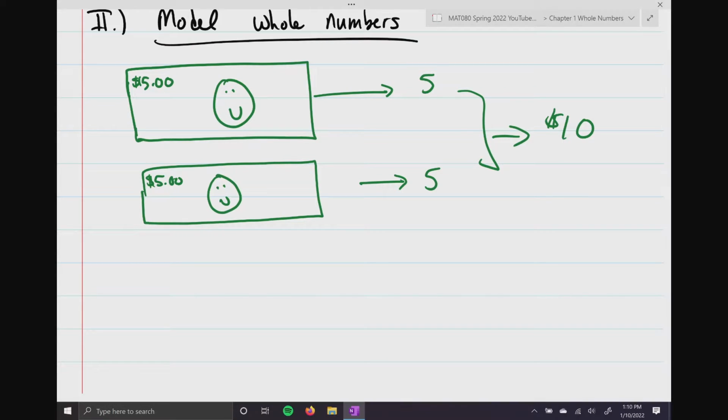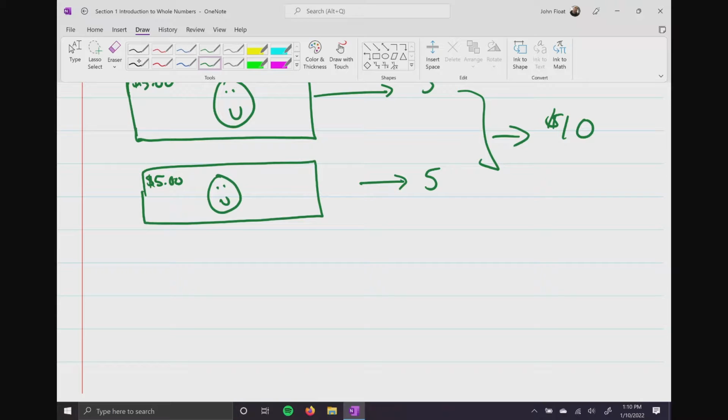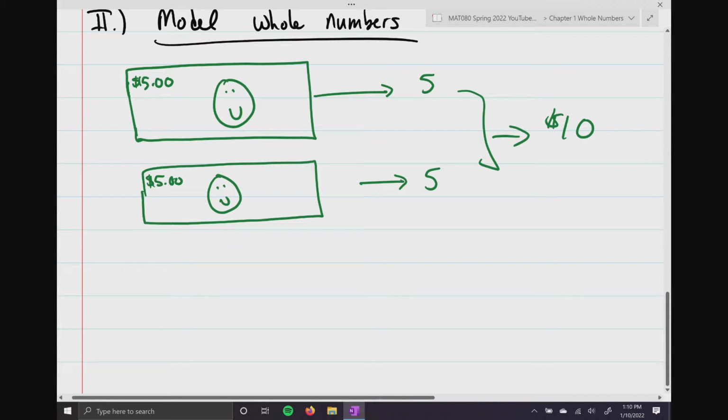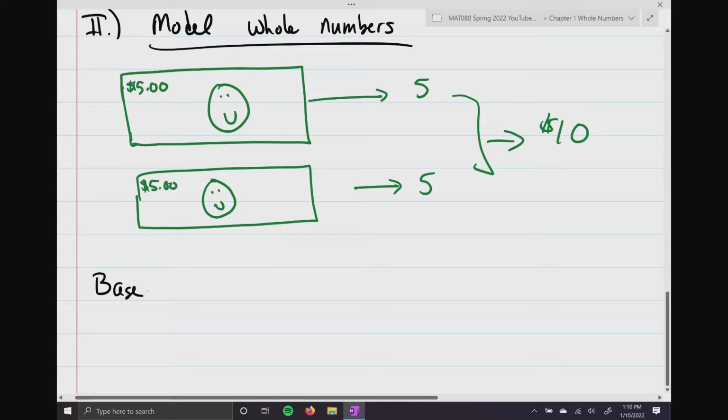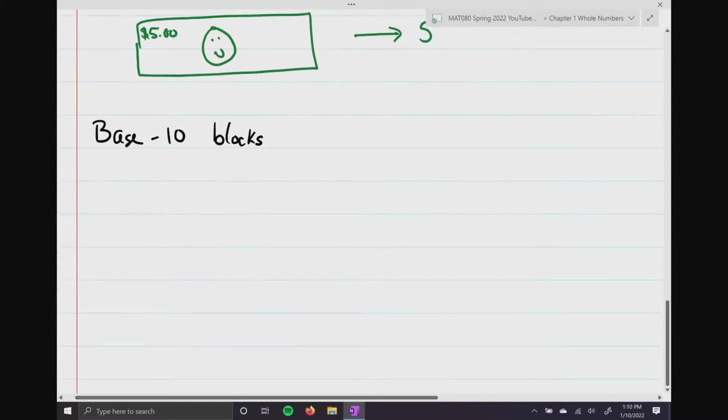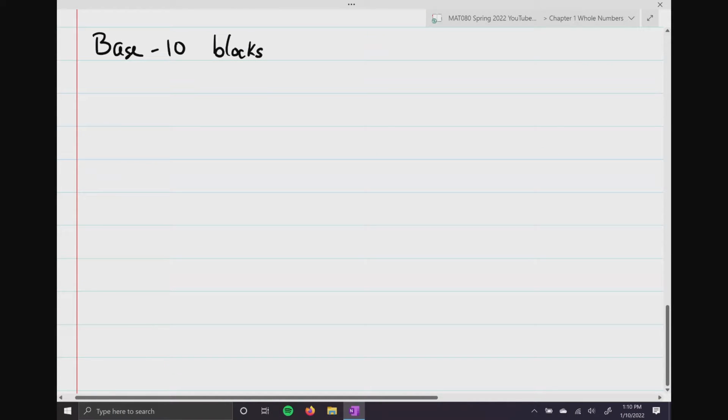There are other ways that we can represent whole numbers as well. We call this the base 10 model, or base 10 blocks. Before I go any further, I want to explain what this base 10 thing is.